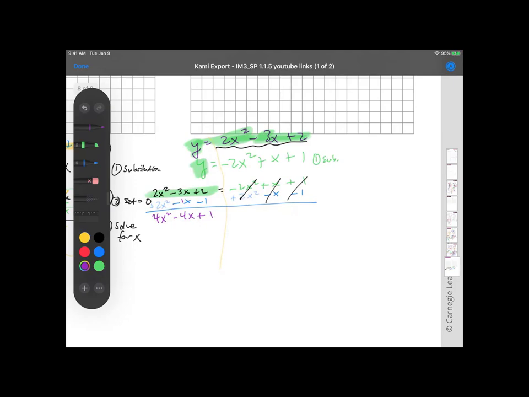Okay, we did the substitution method. Now we're going to double check with the discriminant. My formula for the discriminant is b squared minus 4ac. My b value is negative 4, my a value is 4, and my c value is 1.